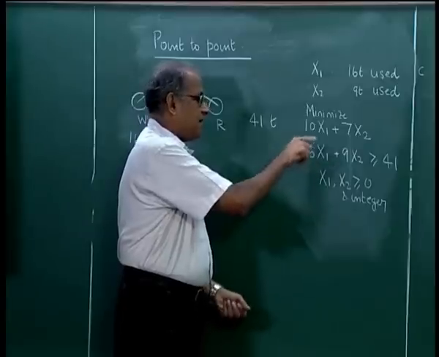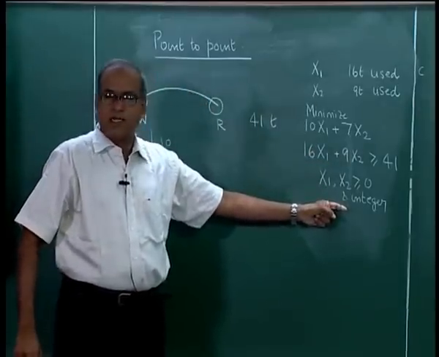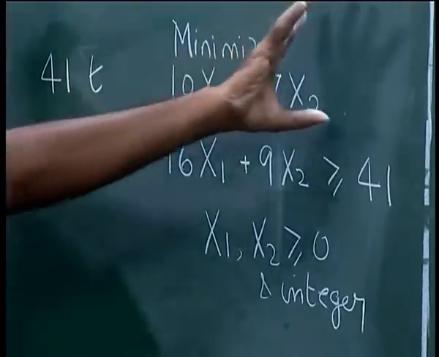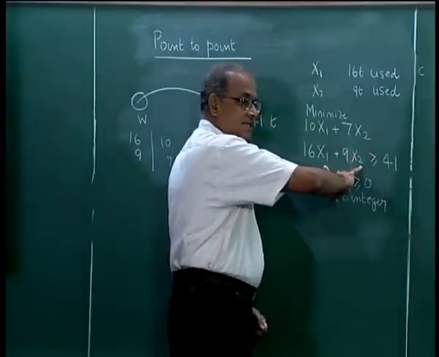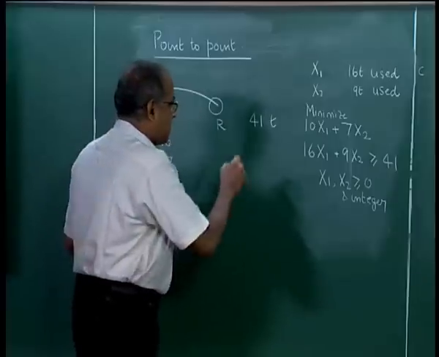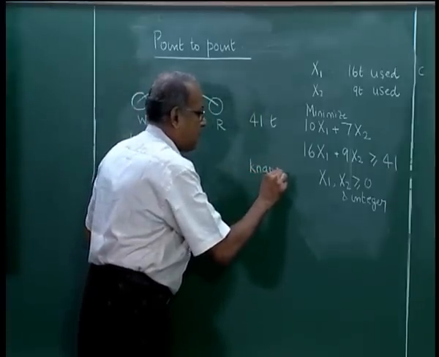So, this is a single constraint integer programming problem, all integer problem, because both x1 and x2 will have to be integers. So, there is an objective function that is to be minimized, there is a single constraint and there is all integer. Now, this problem is called a single constraint knapsack problem.